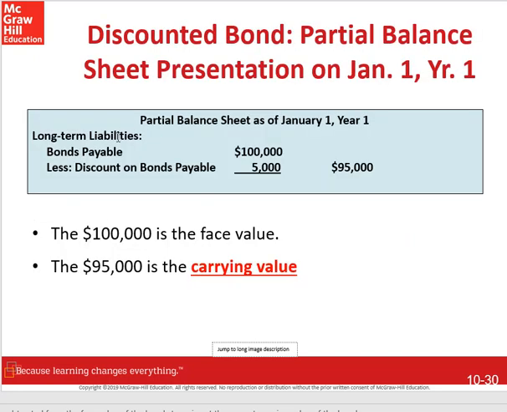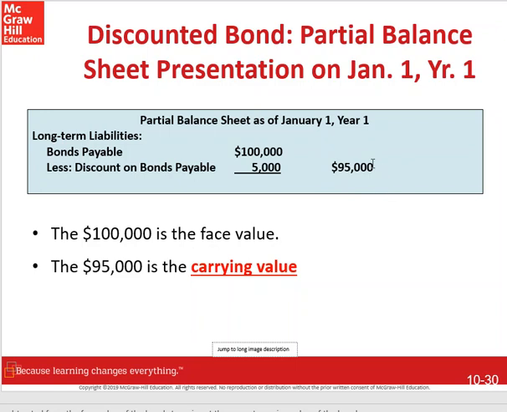On our balance sheet, we're going to show bonds payable, 100,000, and then immediately beneath it, we show less discount on bonds payable. So that's our contra liability, and our carrying value is 95,000. That's important terminology this chapter. So face value is 100,000, or the total principal we would say is 100,000, and the carrying value is 95,000.